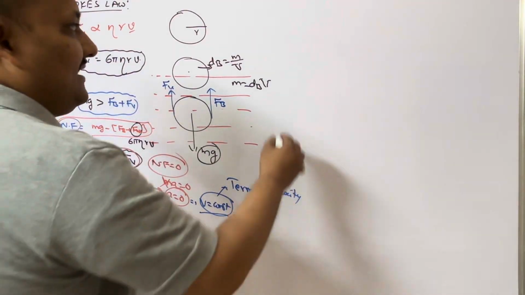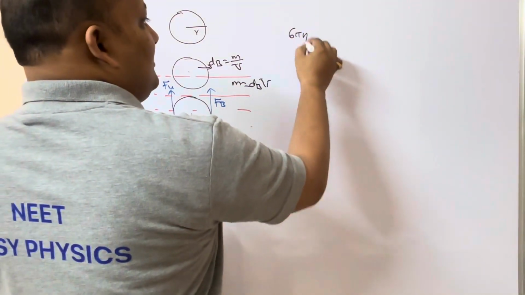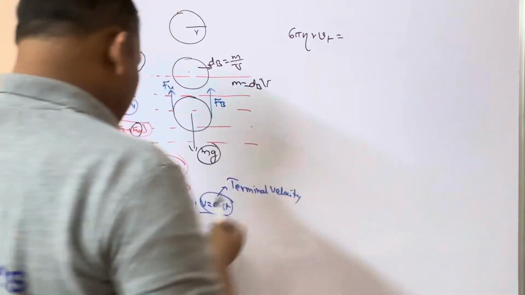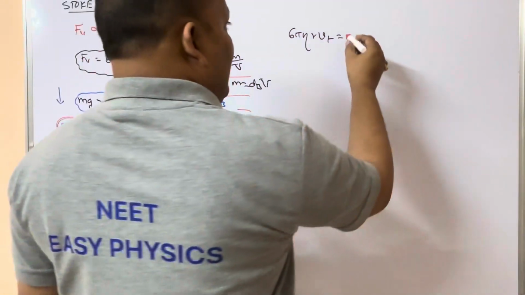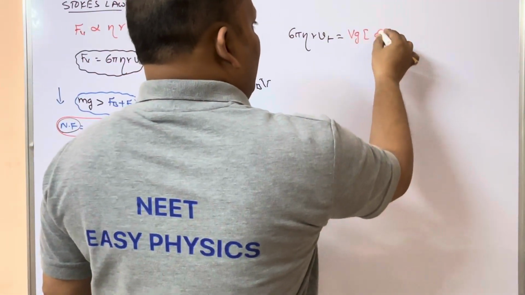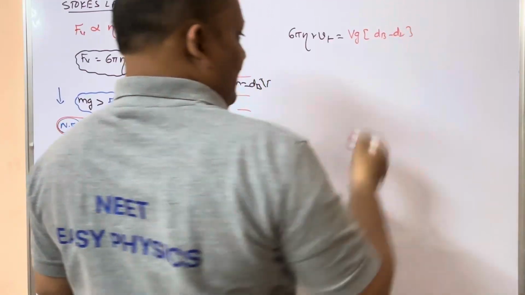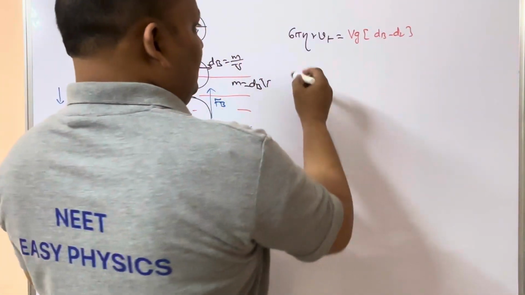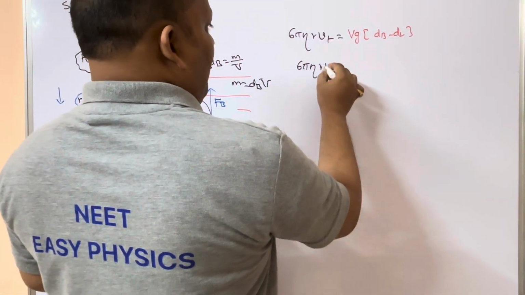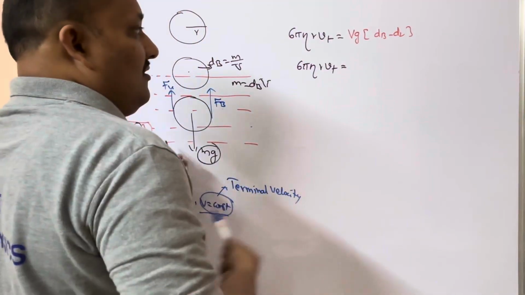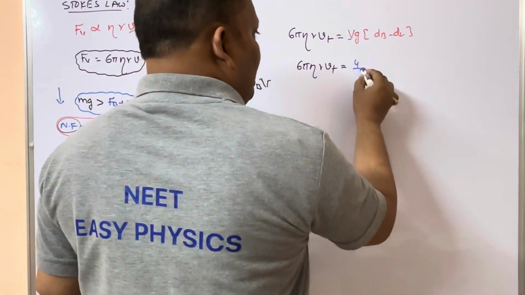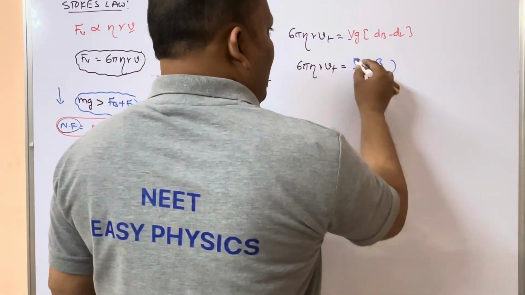6 pi eta r vt is equal to Vg, you can take common, (d_b minus d_l). What is the volume of the sphere? 4/3 pi r cube.